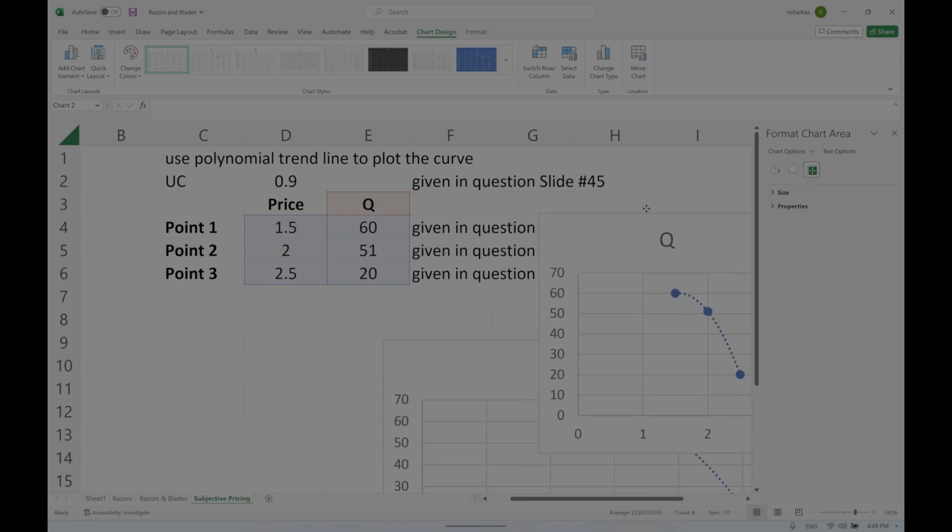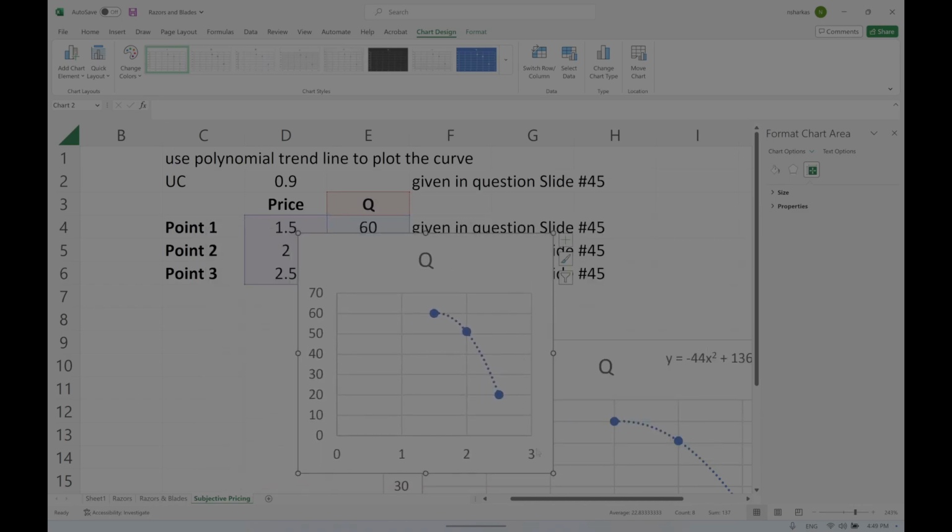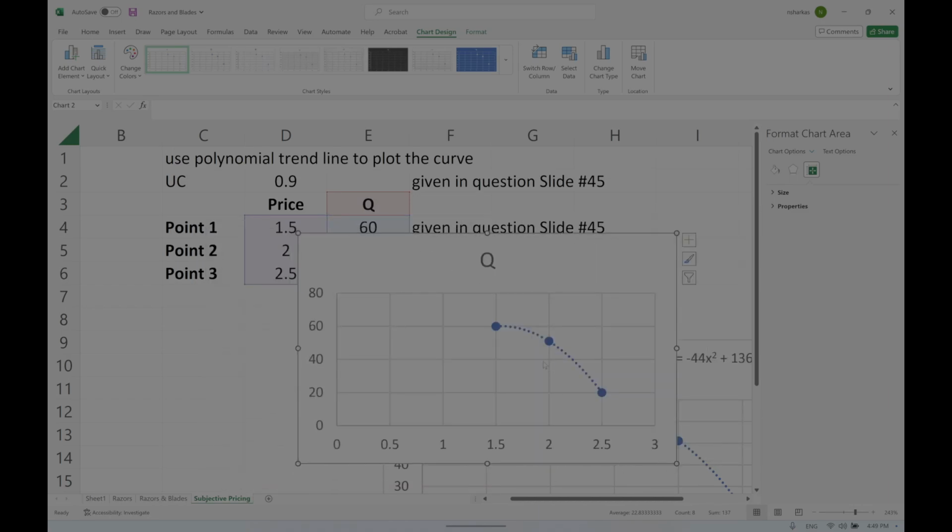You experiment with pricing and see, when I price at 1.5, what happens? When I increase the price, what happens? When I increase the price further, what happens? Then you need to draw this trend line and display the equation.